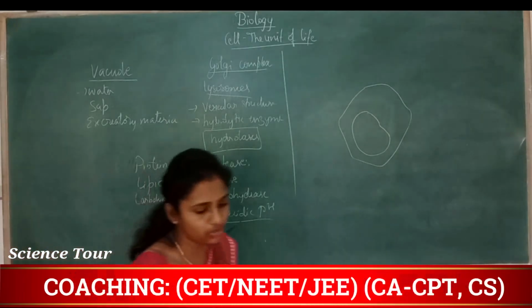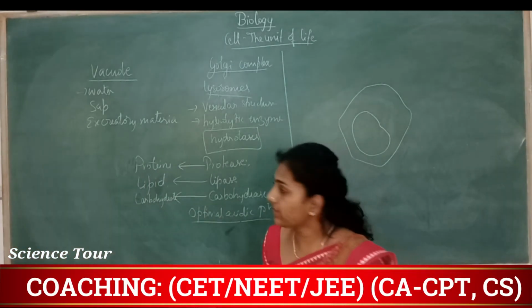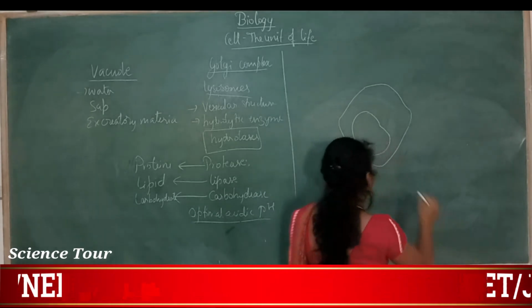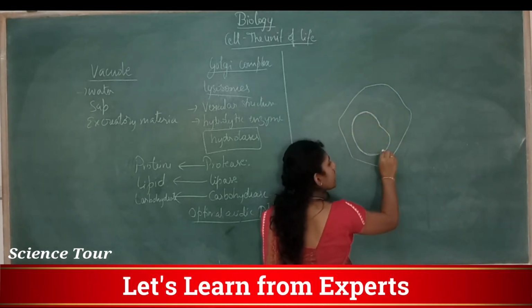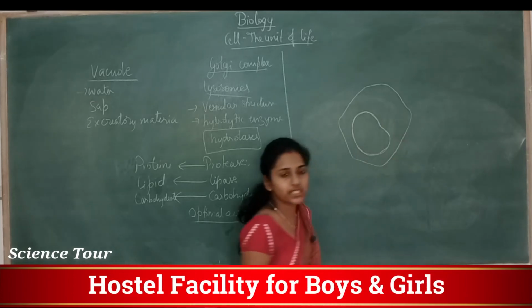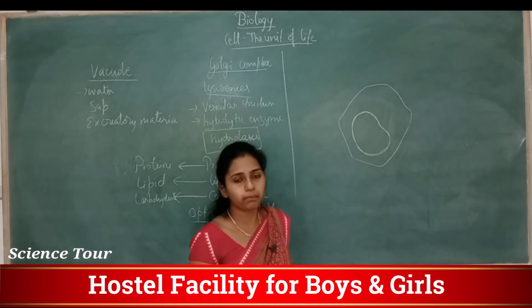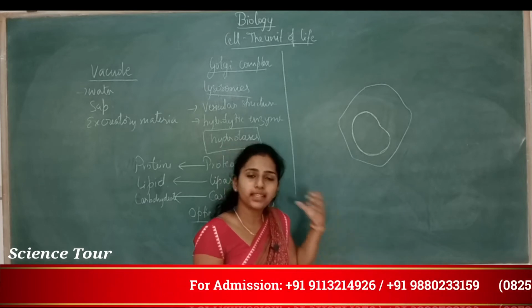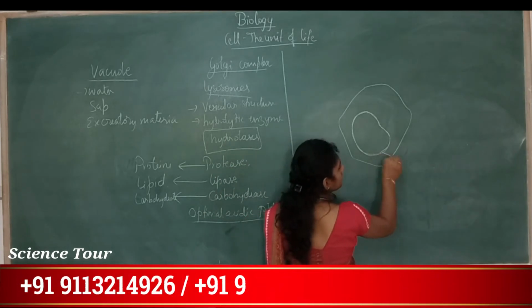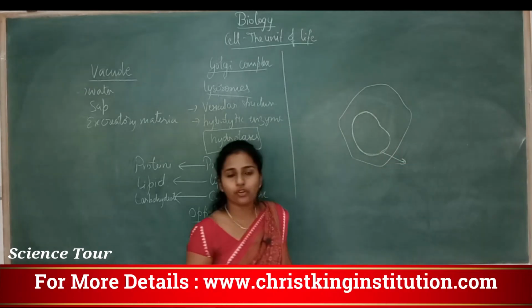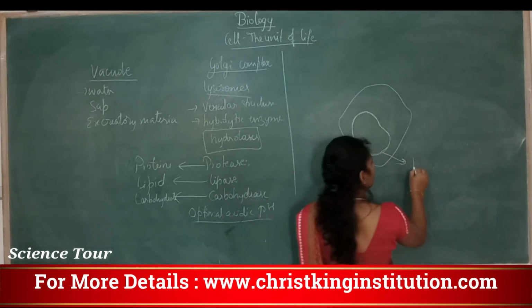The main function of this vacuole: these vacuoles are outwardly covered by a thin membrane. Here all these organelles are covered by a membrane, a lipid bilayer. So this outer thin layer of the vacuole is called the tonoplast.